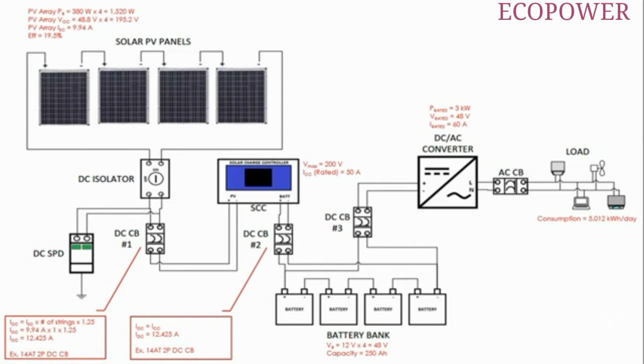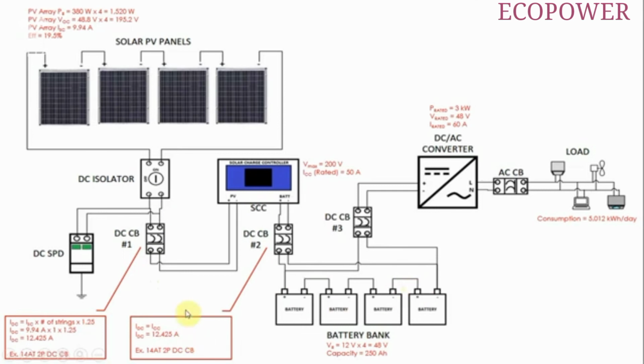For the DC circuit breaker number 2, the output of the SCC going to the battery, the current flowing through this is the charging current going to our battery bank. The same current will be the one flowing to the battery bank.